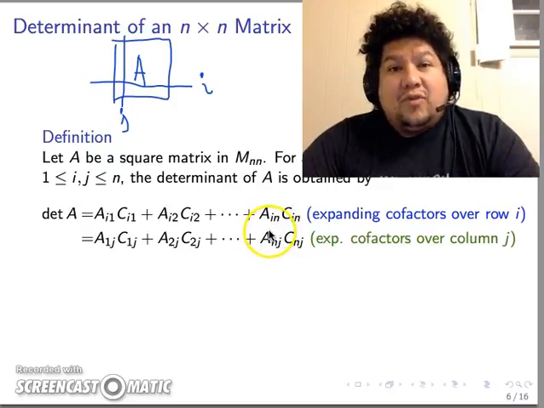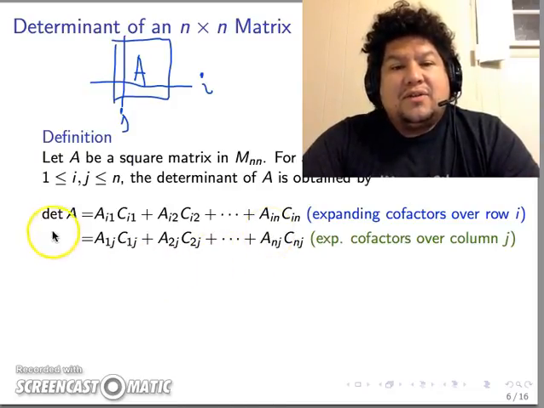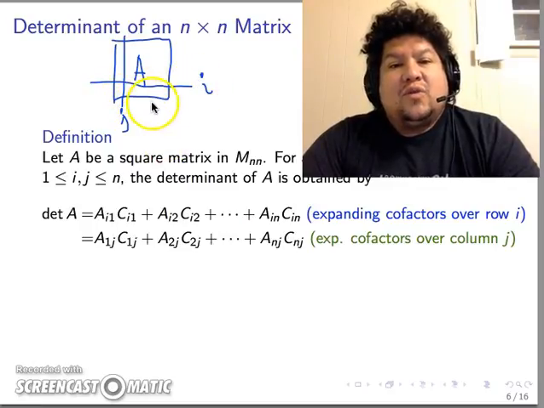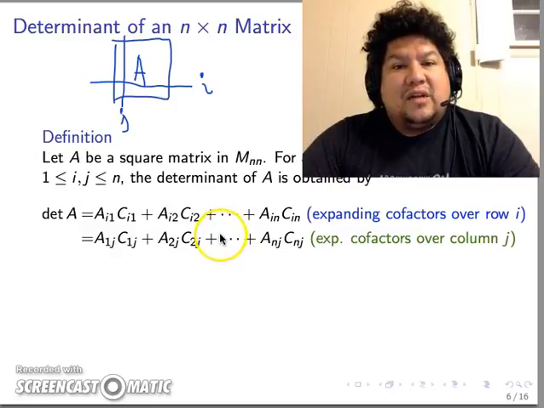Sometimes you make that selection in a way that is convenient, because this operator is defined in a way in which it doesn't matter which row or which column you choose, the sum adds up to the same number.